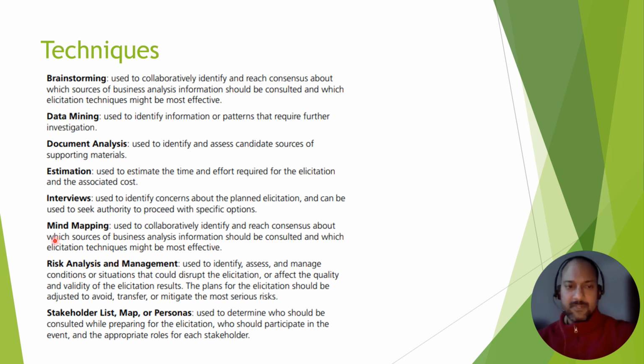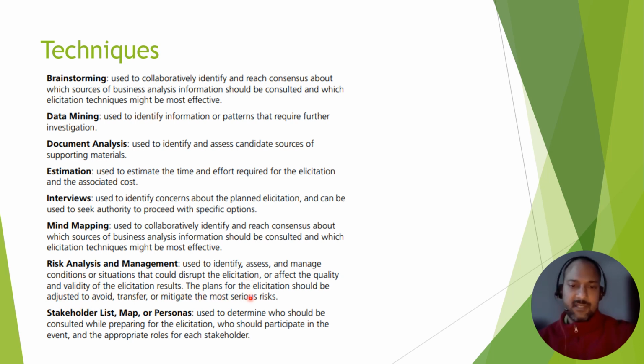Mind mapping used to collaboratively identify and reach consensus about which sources of business analysis information should be consulted and which elicitation technique might be most effective. Risk analysis and management used to identify, assess, and manage conditions or situations that could disrupt the elicitation or affect the quality and validity of the elicitation result.